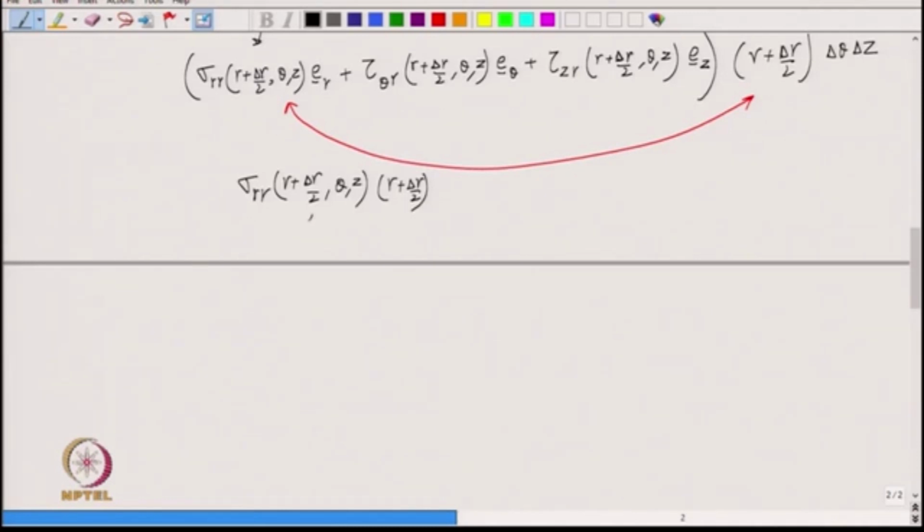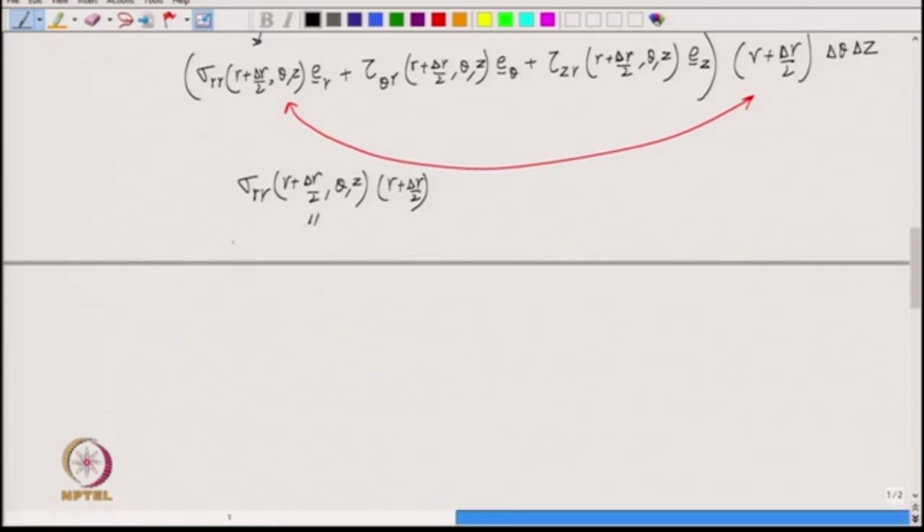So, this then becomes sigma r r into r, and this you evaluate at r, theta, z, at the center of the cylindrical element, plus del by del r of sigma r r into r.